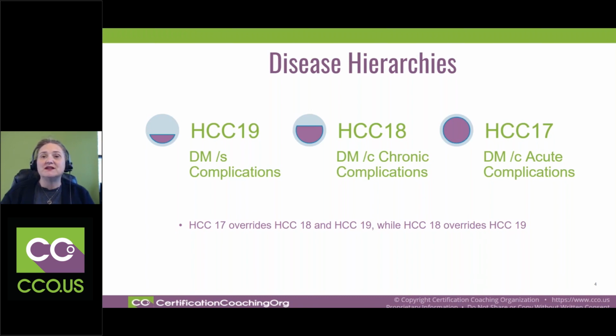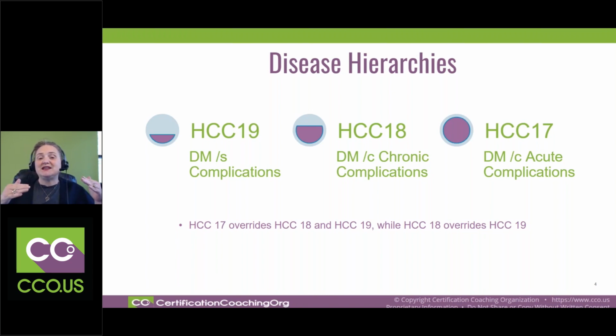And of course, going from a 19 to a 17 is definitely a big change in their RAF score. Now, when you talk about hierarchies, a 17 overrides an 18 and an 18 overrides a 19.